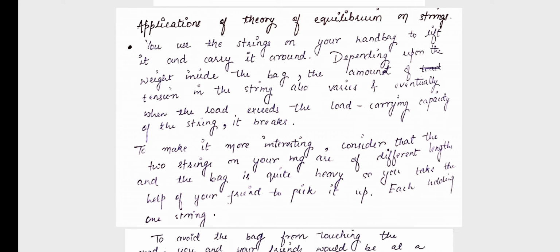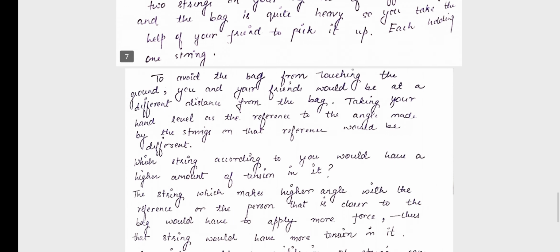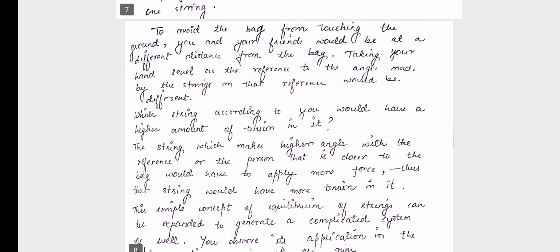Each one of you is holding a different string. To avoid the bag touching the ground, you and your friend would be at different distances from the bag, okay? Taking your hand level as the reference, the angle made by the strings on that reference would be different. Which string according to you would have a higher amount of tension in it?